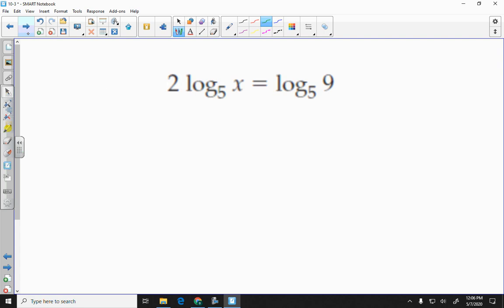Okay, sometimes there's multiplications, and we have to move that, because even though it looks like there's only 2 logs, there's still a multiplication of a 2 times a log, keeping me from being able to just drop the logs. So I got to move, using that power property, move that 2 back into the exponent spot, and this is going to look like the log base 5 of x squared will equal the log base 5 of 9.